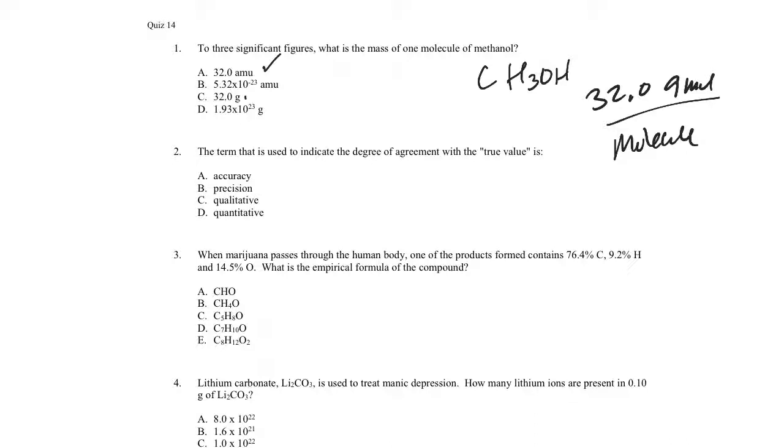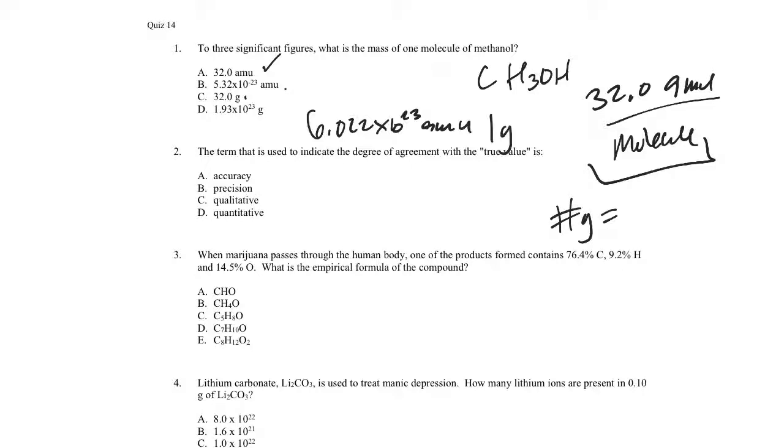32.0 grams would be the mass of one mole. This mass here would be the number of grams. I'm guessing that's going to be the number of grams of one molecule, but in grams, not in AMU. So if we convert AMU to grams using the conversion factor that there's an Avogadro's number of AMU per gram, then the mass of one molecule in grams would be 32.00 AMU, and then divide by Avogadro's number, so divide by N sub A, number of AMU per 1 gram.